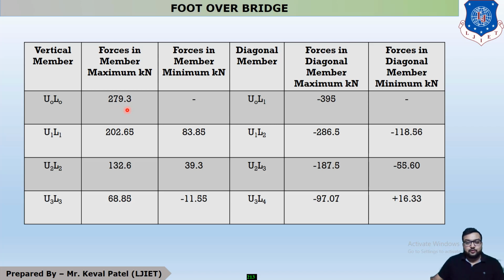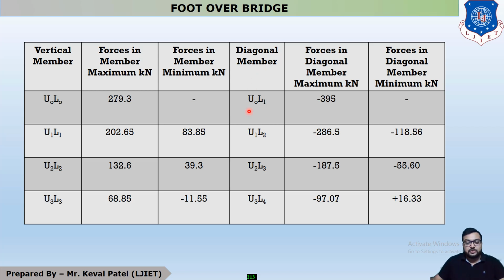You all know that for the first member you have only one value, so for the minimum force you write 0. For the second member you have to find two values, and for the third and fourth members also two values each. Now let us start with the diagonal members' forces.